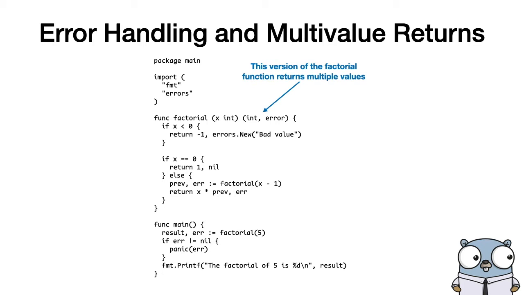And what you do is you simply make a list of the return types after your list of parameters. So here, factorial will take an integer and it will return an integer and something of type error. Okay, and error is a defined type in the system specifically for handling errors. So we're going to import the errors package, and errors allow us to create new errors if we want to. So the New function from errors will create a new error.